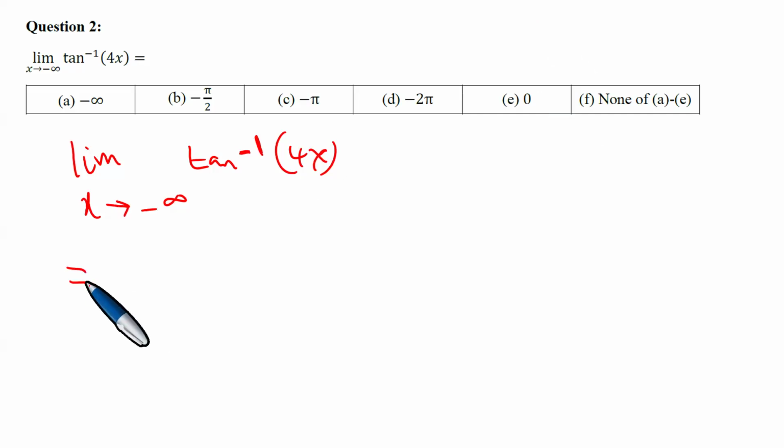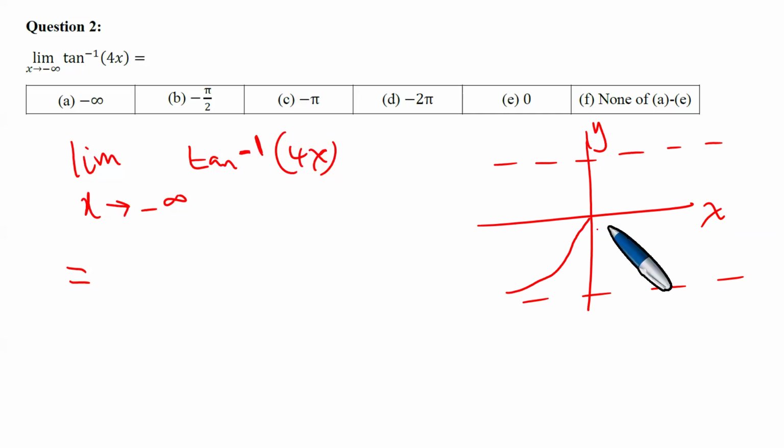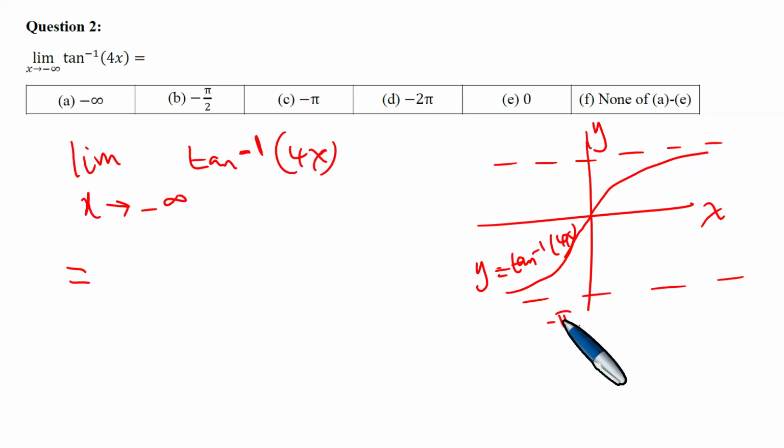You'd be able to see that first and foremost, there's a graph that goes with this. The graph associated with this function, arctan of 4x, indicates that the range runs from minus pi over 2 radians to pi over 2 radians.